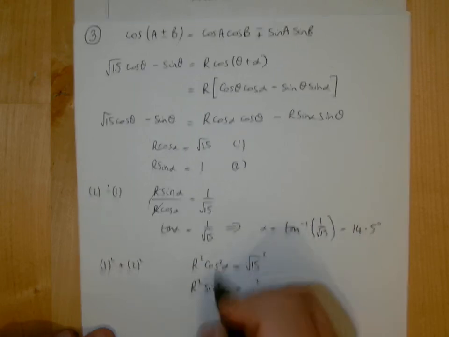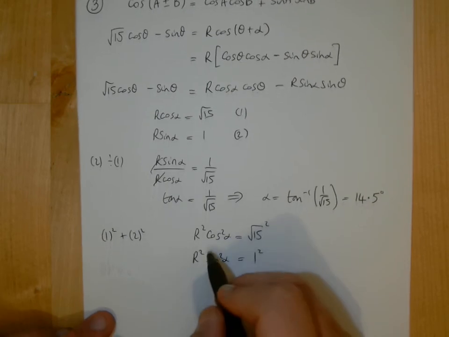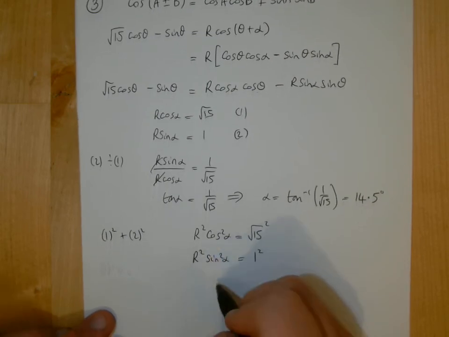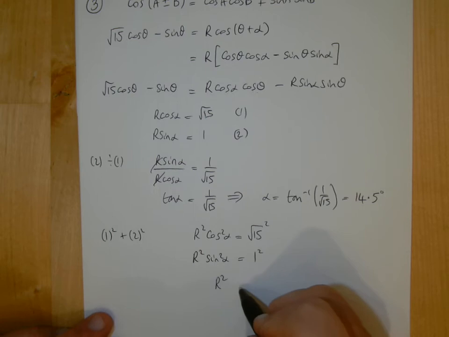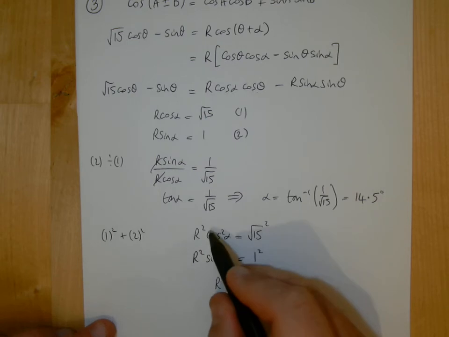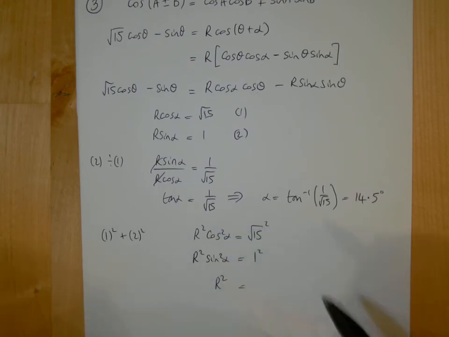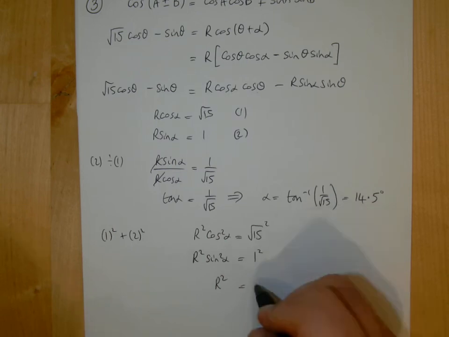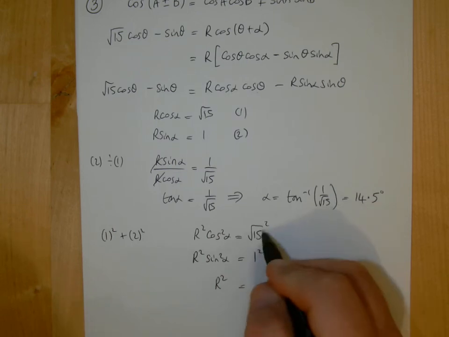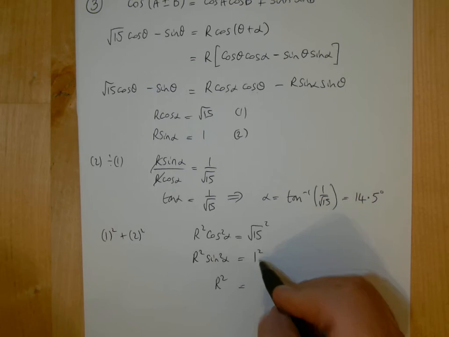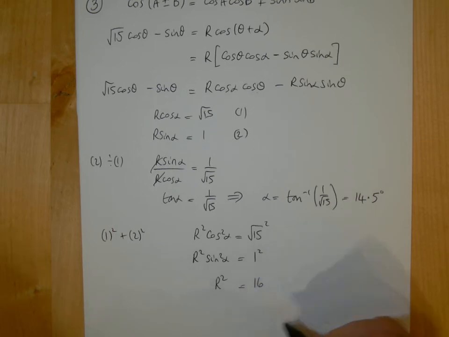When you add them you get just r squared on this side, because you factorize cos squared plus sine squared, which is 1. On the other side, root 15 all squared is just 15, plus 1 squared, which is just 1, so you get 16. So r is the square root of 16. We take the positive root, because r has got to be greater than 0, and we get 4.